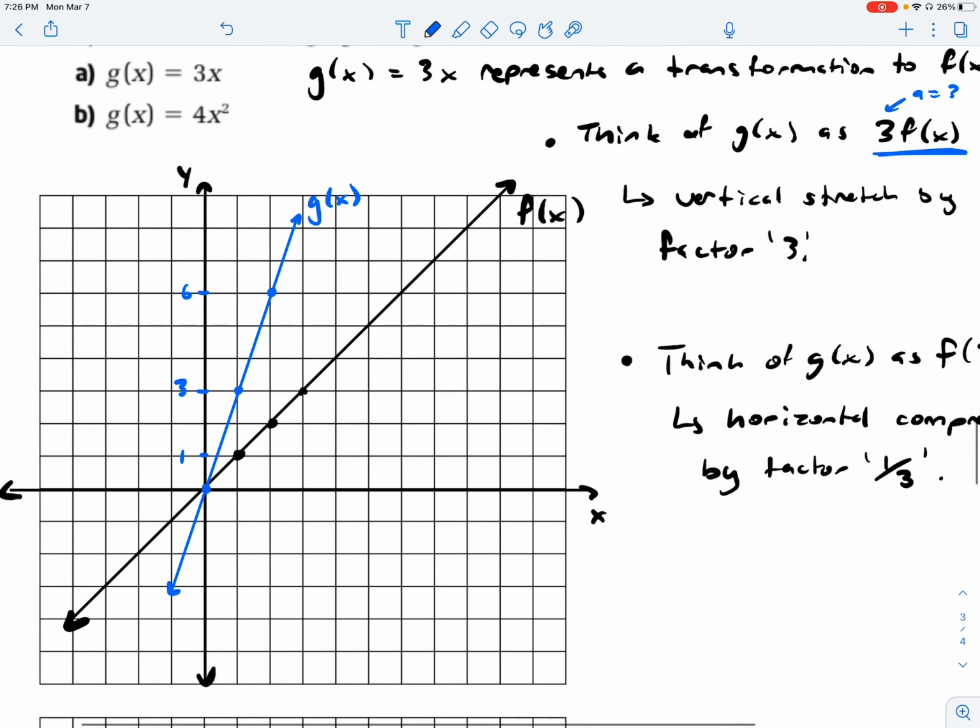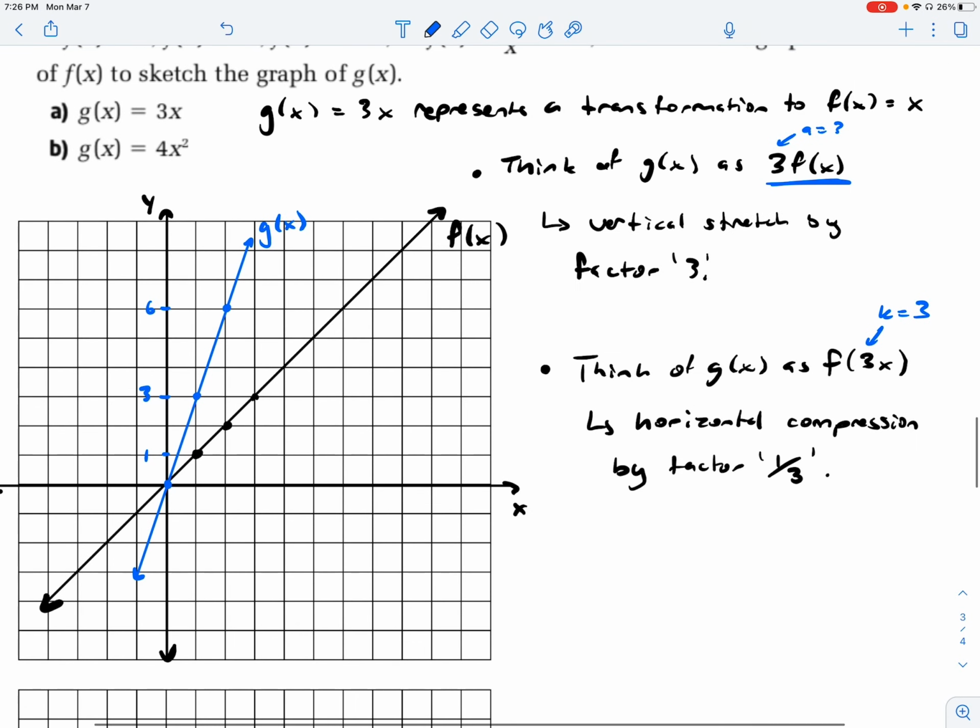Now you might say, what happens if you do it the other way? Like when we said to think about g of x as a horizontal compression. When you see this equation, g of x equals 3x, we first looked at it as a vertical stretch, as if the 3 was outside being multiplied in. Well, what if we look at this as a value of k, meaning we replaced x with 3x?